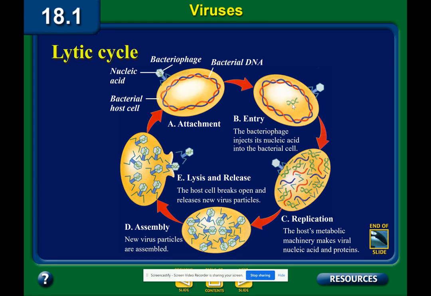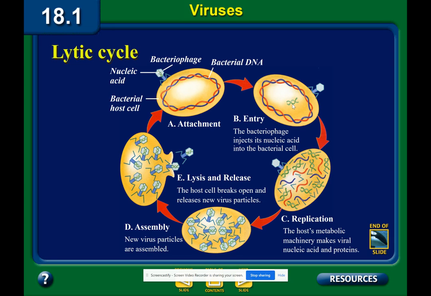All the things that the bacteria cell or the host cell in general has in place to run, to continue living, to make more of themselves, all those little processes, they stop working for themselves and they begin working for the virus itself.